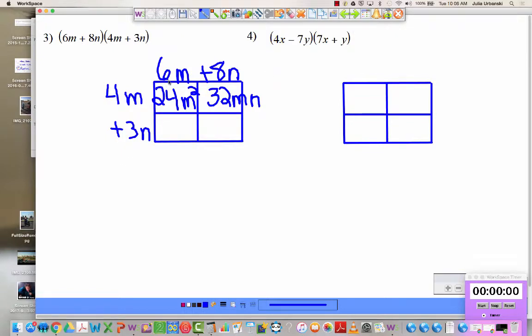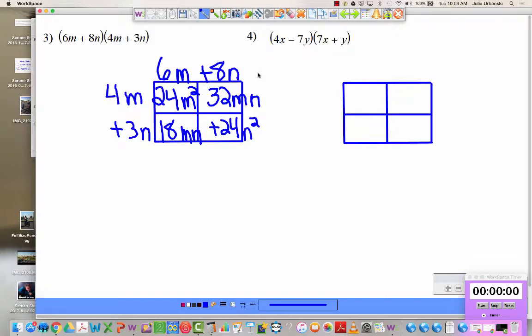What about this one? You do your 6m times your 3n. What does that one come out to be? 18mn. Good. And then this last one, 3n and 8n. That one's n to the second. Good. Because it's an n to the first and an n to the first. When the variables match, you add up the exponents.